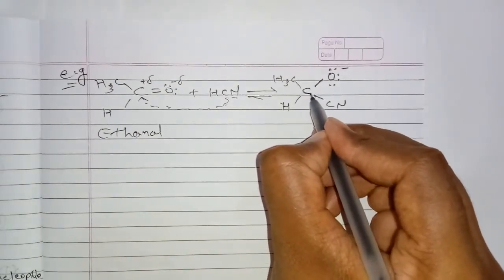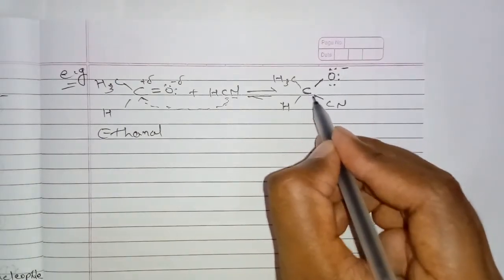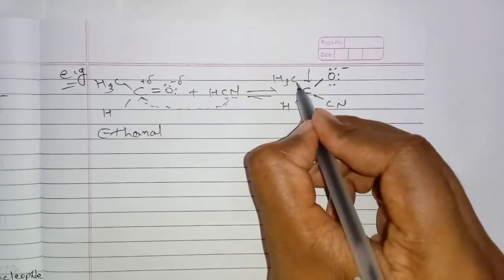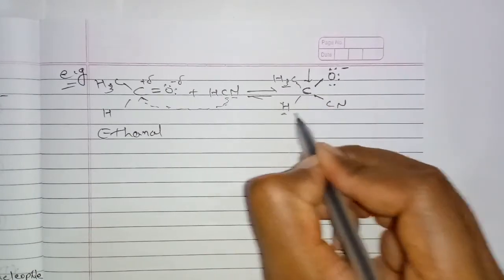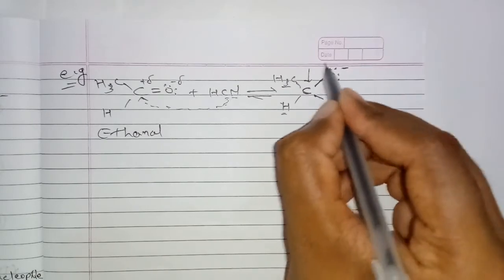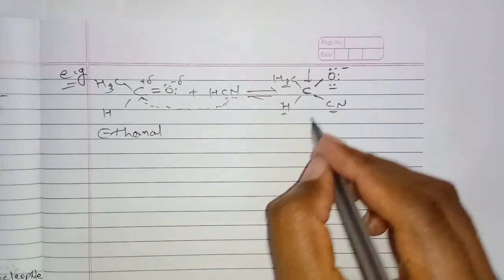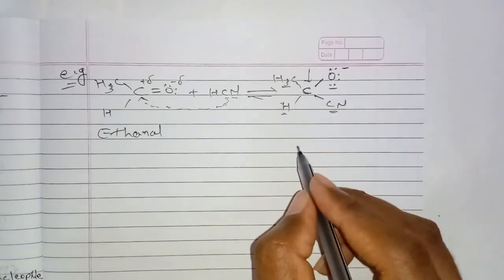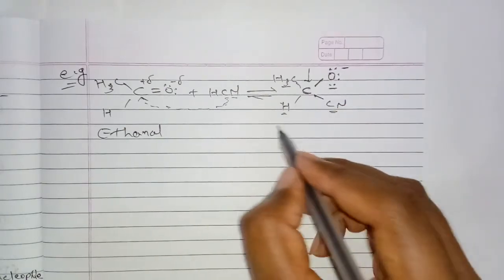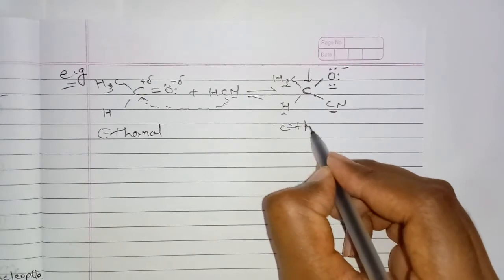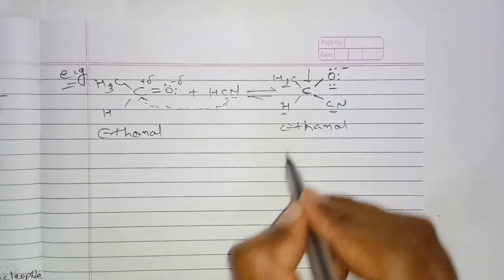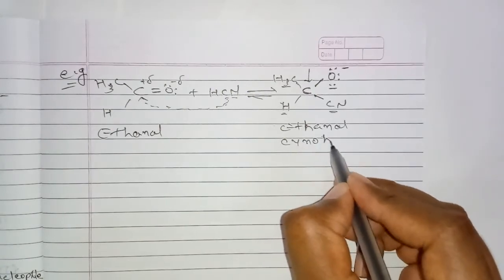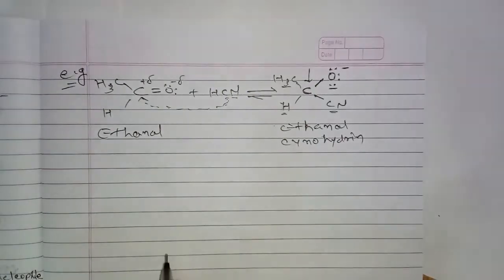Now this carbon is a chiral carbon because the 4 groups or atoms are different. It is named ethanal cyanohydrin.